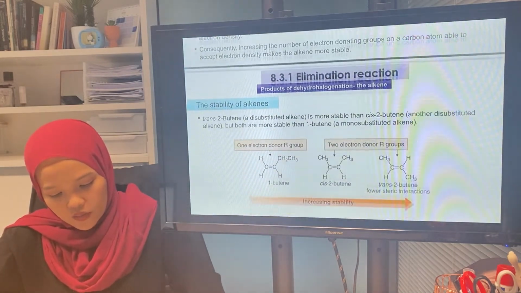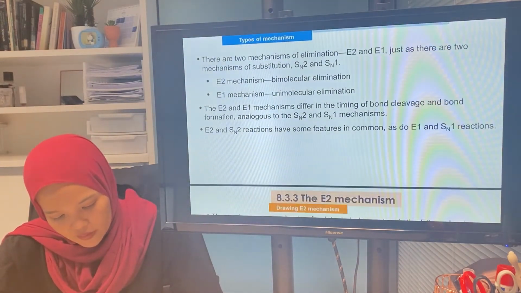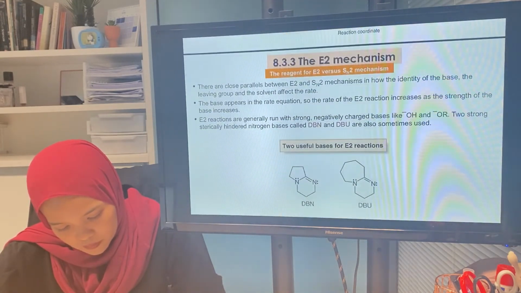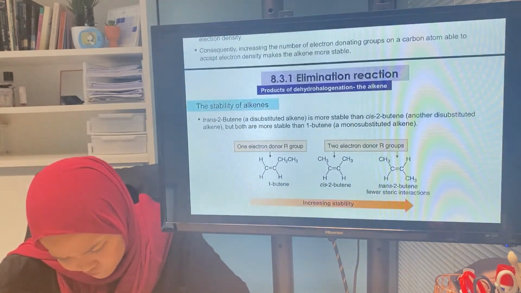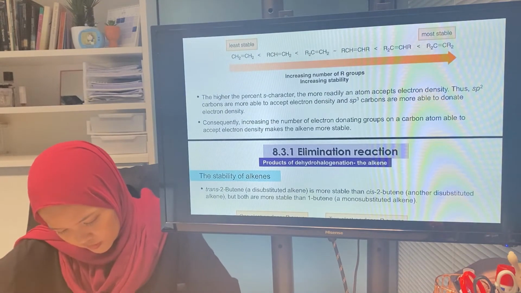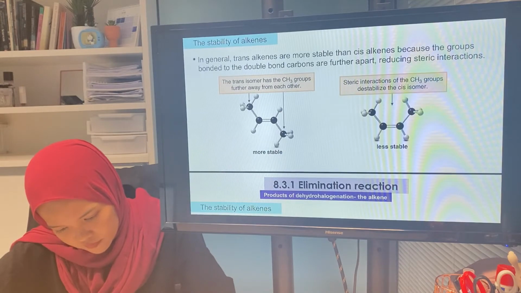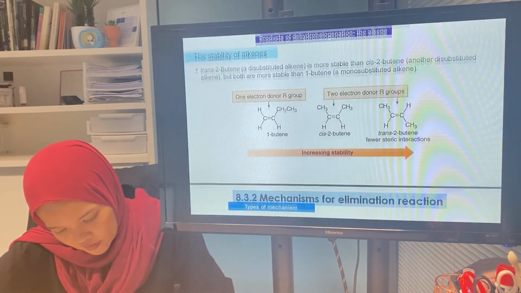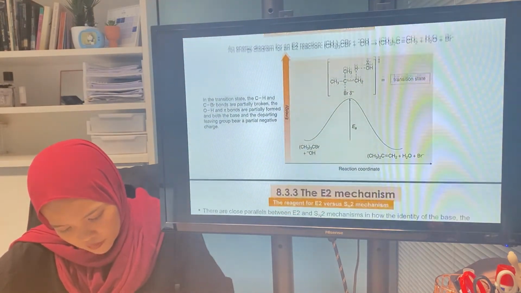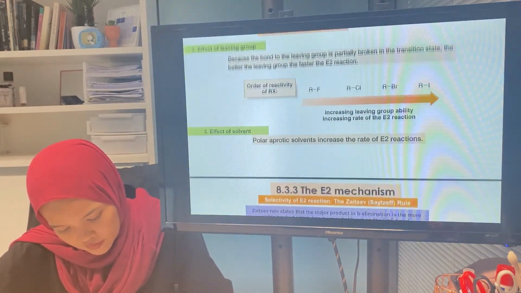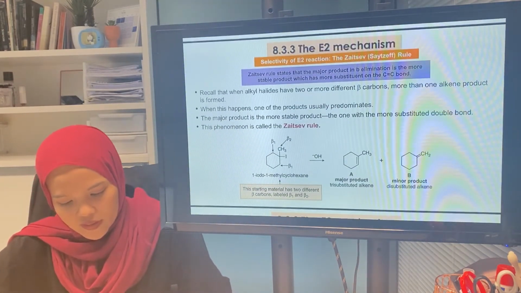Let me just show you the product. Where is the Zaitsev Rule? Okay, selectivity here.